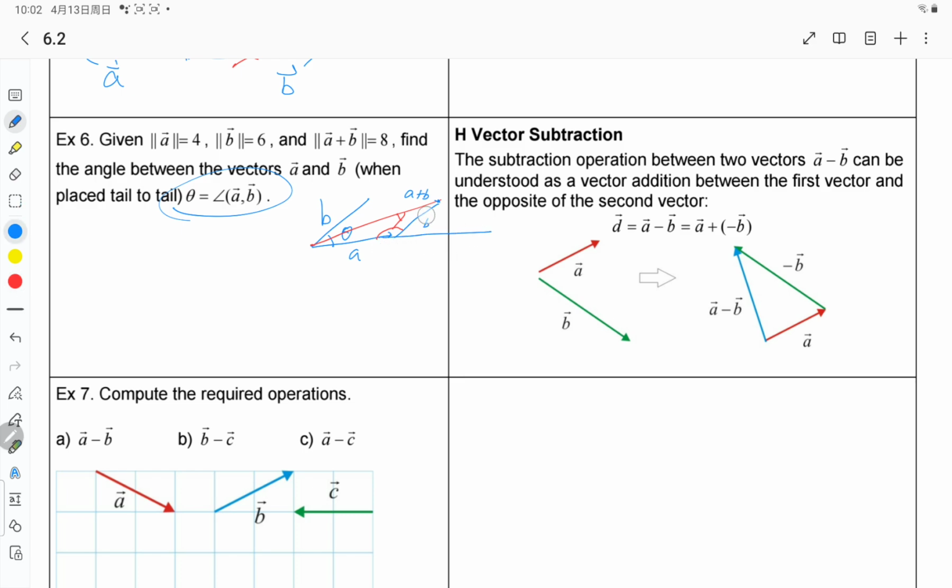I think as long as we know gamma, we know theta, because gamma plus theta is 180 degrees.